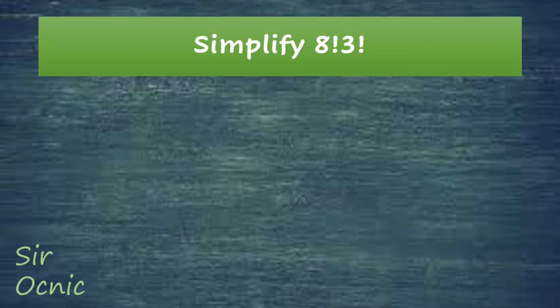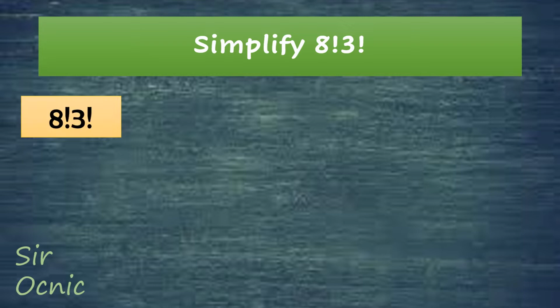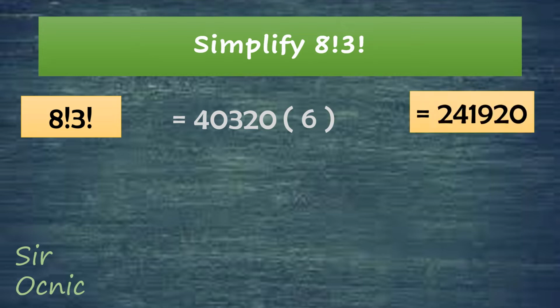Simplify 8 factorial, 3 factorial. 8 factorial, 3 factorial is just the same as 8 factorial times 3 factorial. 8 factorial is equal to 40,320, while 3 factorial is equal to 6. Therefore, that means that 40,320 times 6, which is equal to 241,920.